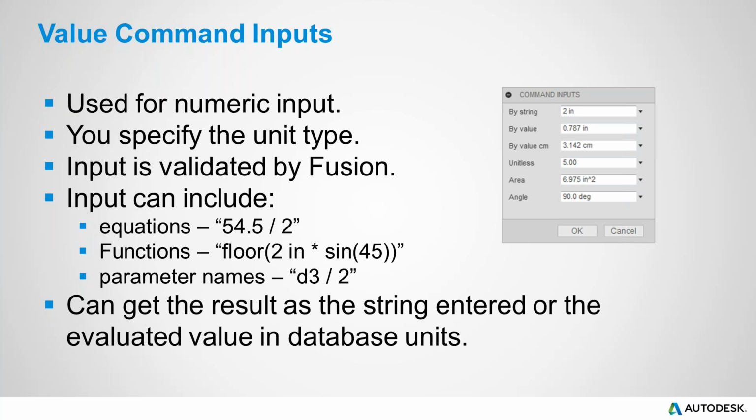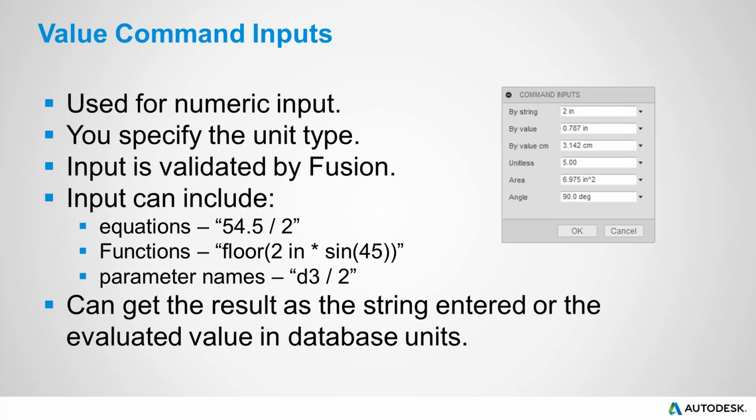And what that means is, in Fusion, lengths internally are always centimeters. No exceptions to that. It's always centimeters. And angles are always radians. So those are the two that you're mostly going to use: centimeters and radians.